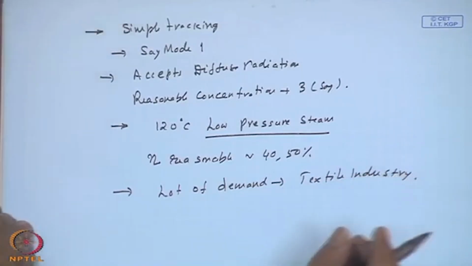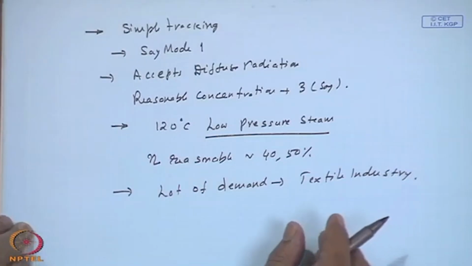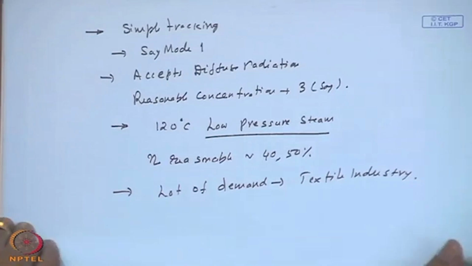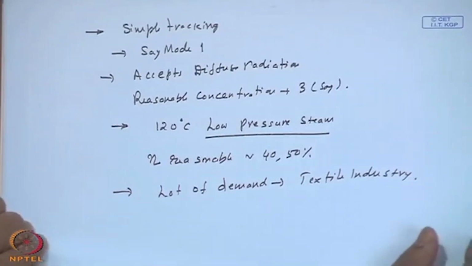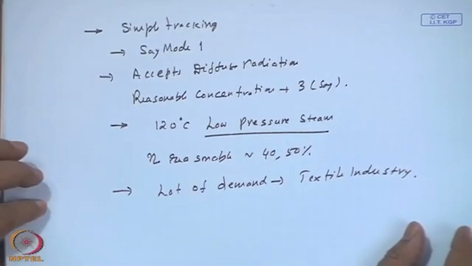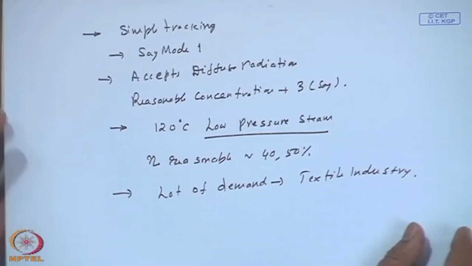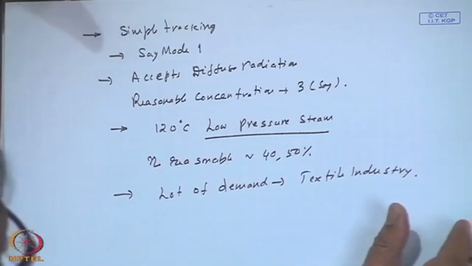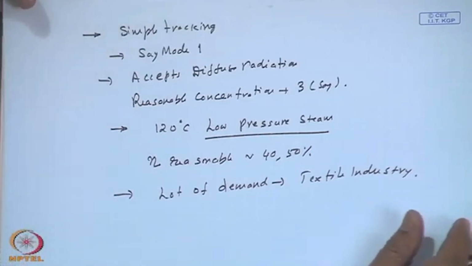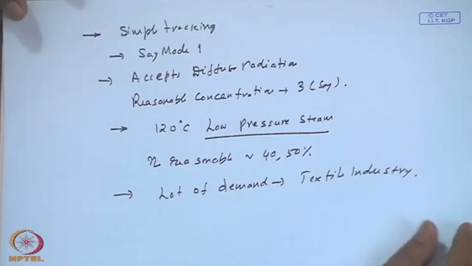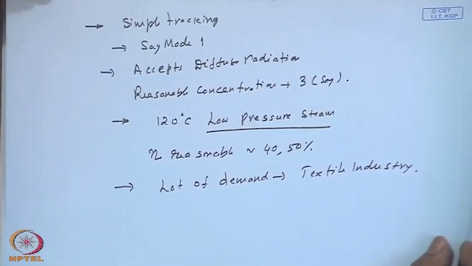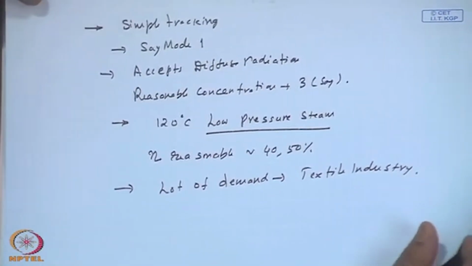So, you got a reasonably efficient collector without going to 3 glass covers and a selective coating through the flat plate, but one single daily adjustment you do, a compound parabolic collector, which will give you a reasonable ratio of 3 or 3 to 5 concentration ratio, which is good enough for generating low pressure steam up to 120, 140 degrees C with a reasonably high efficiency of 40 to 50%, and the applications are plenty, particularly one mention I am making is the textile industry.